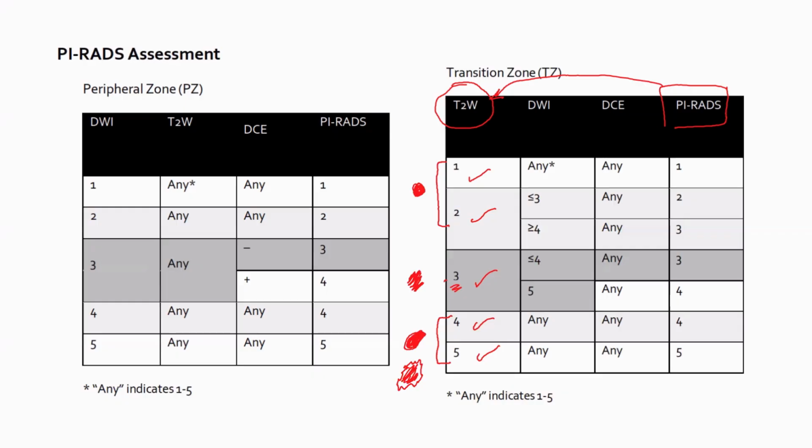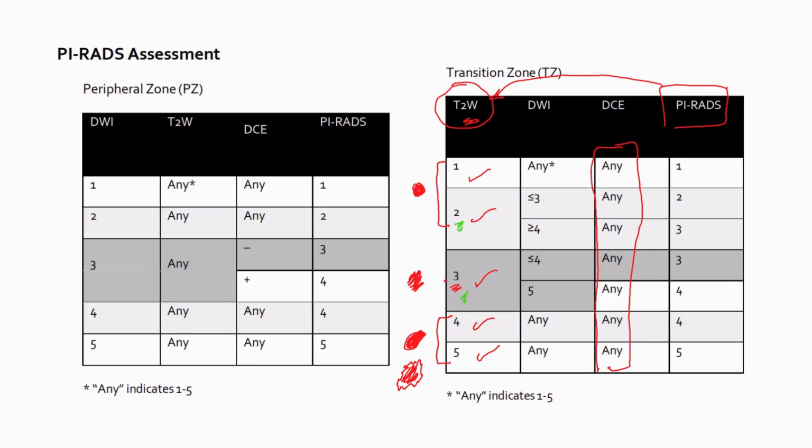So the leader, again, if we need to assess the transitional zone lesions, is the T2 weighted image. Regardless of the dynamic contrast enhancement study, as you can see here, it has no role, while the diffusion is very important in these classifications regarding T2 score 2 and score 3.